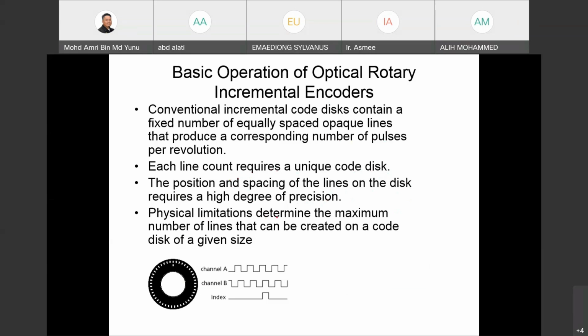So physical limitations determine the maximum number of lines that can be created on a code disk of a given size. So you cannot make it too small or too fine, otherwise the detection will not be as accurate as we intended.